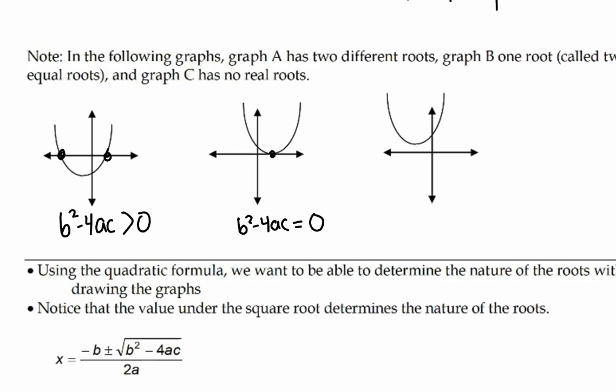Because you're left with a number plus or minus root 0 over a number, and square root of 0 is just 0. So we're just left with the number over a number. 1 answer. There is no plus or minus. And then last, if b squared minus 4ac is negative, or less than 0, then there's no solution.